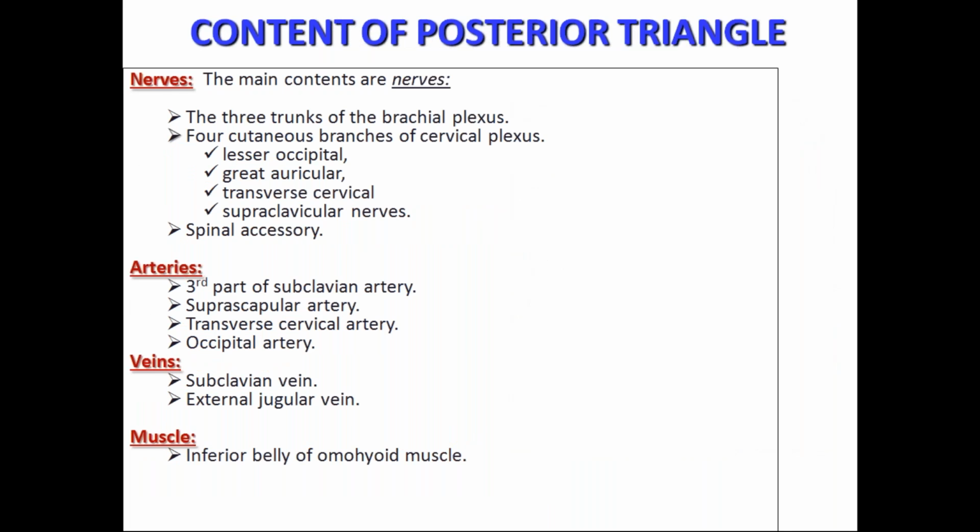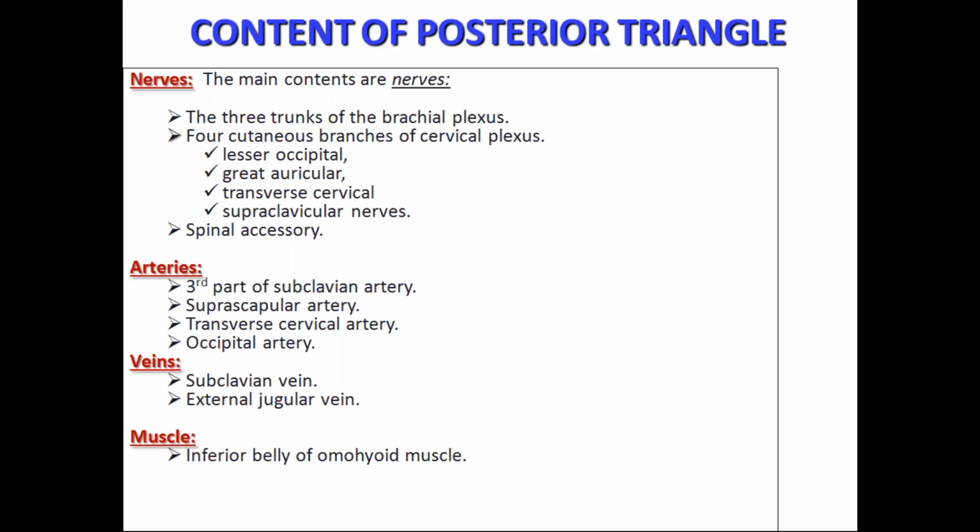So what are the contents of the posterior triangle? Nerves, arteries, veins, and muscles. Coming to the nerves, the main contents are the nerves. The three trunks of the brachial plexus will be seen, and four cutaneous branches of the cervical plexus, that is the lesser occipital, great auricular, transverse cervical, and supraclavicular nerves, and the spinal accessory nerve, which is a cranial nerve.